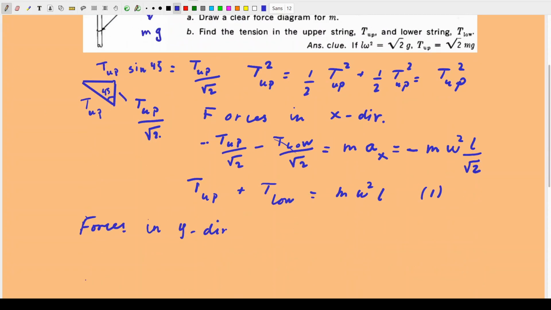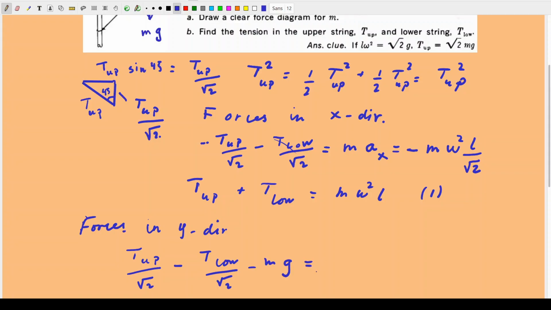So let's write these down. We had T up over square root 2 minus T low over square root 2 minus mg.